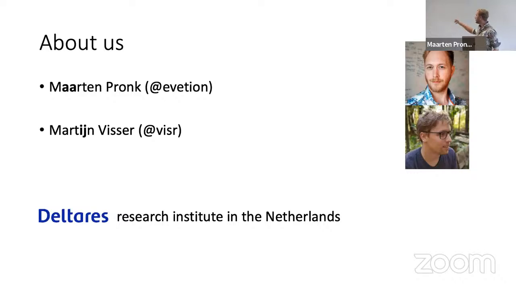Normally, I explain that we're two really different people and that the pronunciation is on my double A, Maarten, and the other guy with an IJ. We're both researchers at Deltares, and as part of our research work, we develop open source software. Sometimes this is part of our work, but sometimes, during the weekends, we develop some more packages.